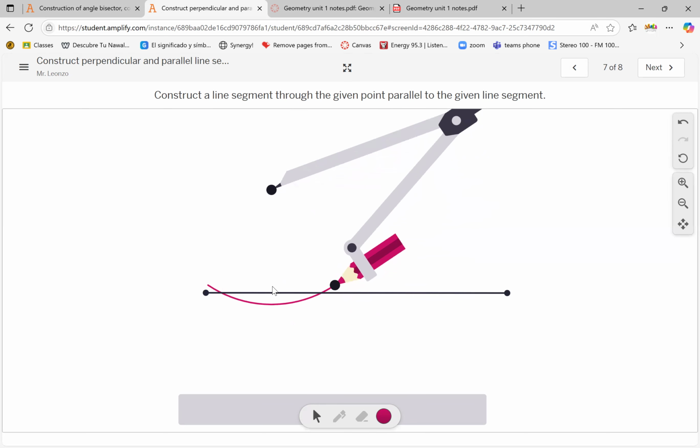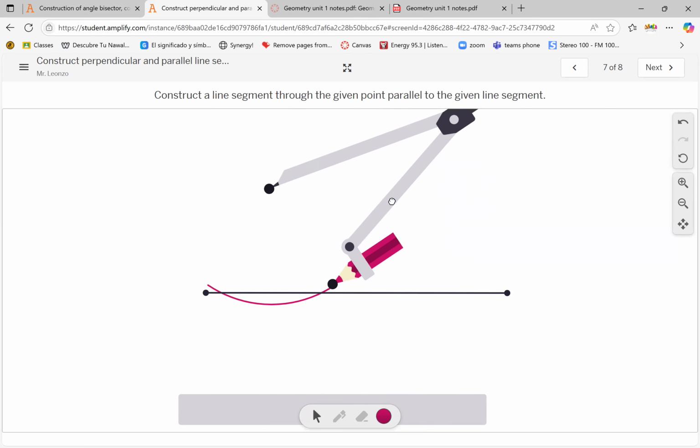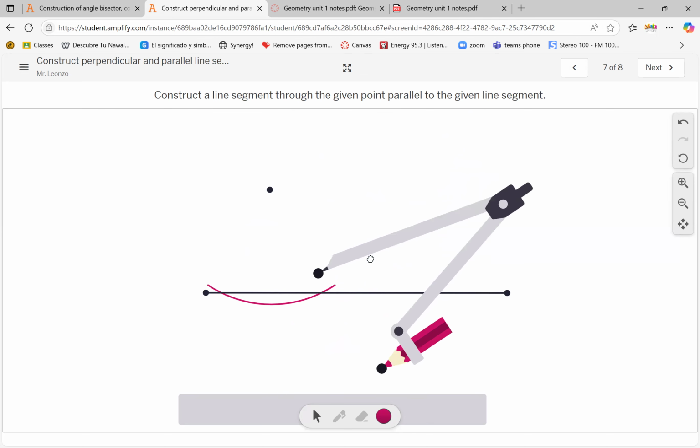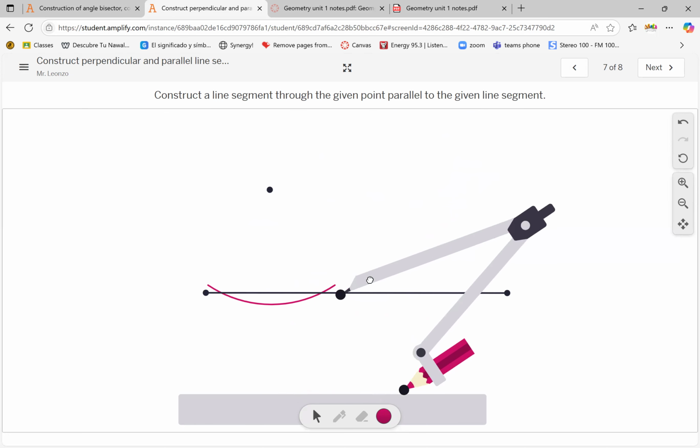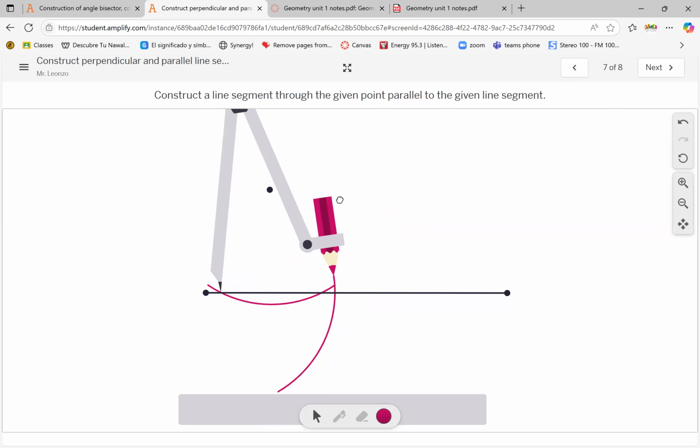I have 2 intersections, right? Doesn't matter which one you choose. Now, for the rest of the construction, don't change the aperture of your compass. Don't change it. So I'm gonna put it at one of the intersections. It doesn't matter which of the 2 you choose. I'm just gonna put it on this intersection, and then I'm gonna create an arc.